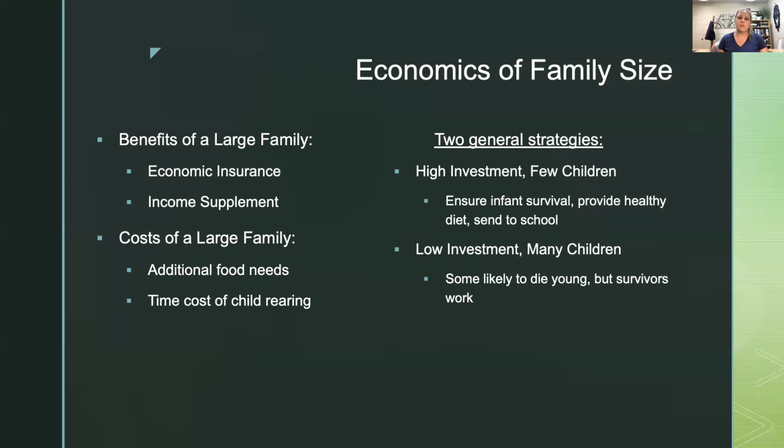I'm just making up those numbers right now because the numbers vary drastically by region. But the point being that you put in some economic insurance in that more children means you have more hands for work. And if you have more of them, then it's okay to lose a few.